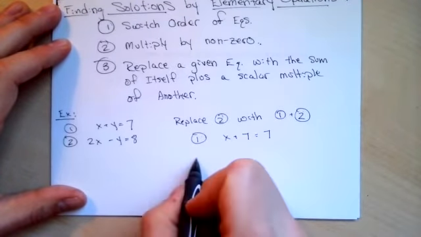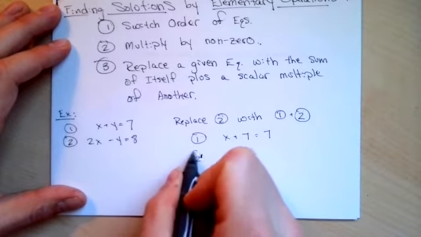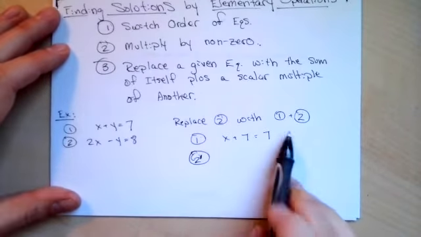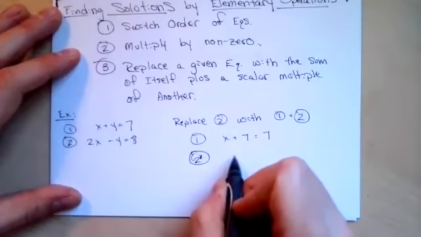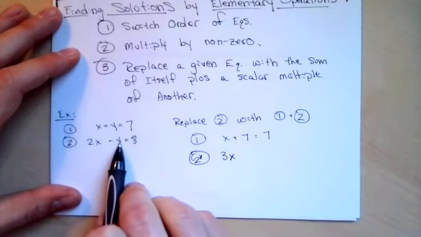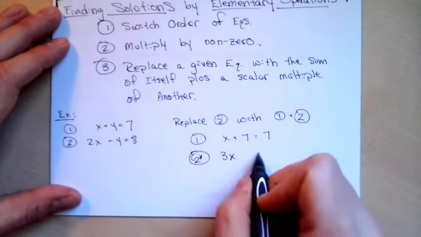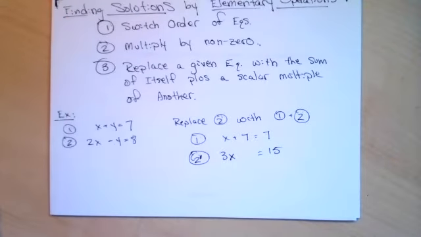First one's going to stay the same. The second one now, let's call this 2 prime, our new equation 2. I add these two together. So what are we going to get? Well, when I add my x's, we'll get 3x. And now nicely enough, when we add those two together, there are 0 y's. And then we add the right to get 15.